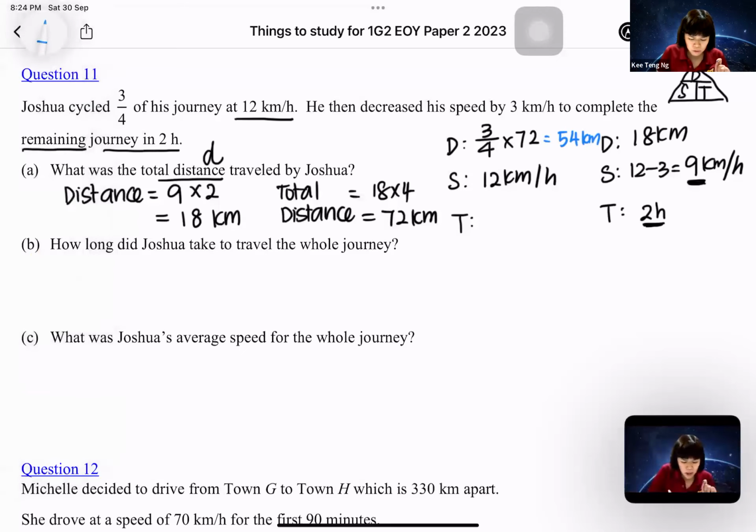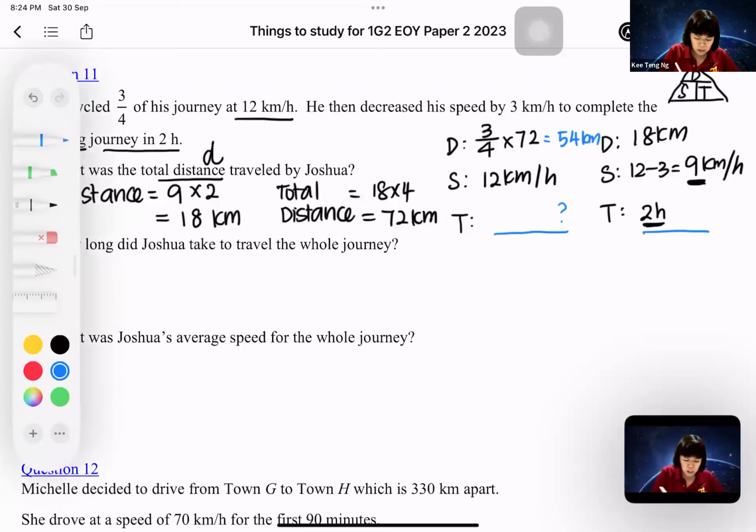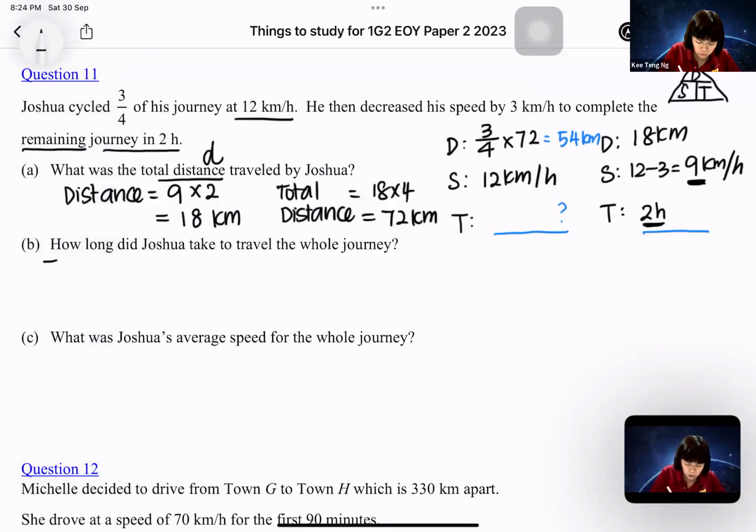Now, the question asks how long did it take to travel the whole journey. I got two components. So first, let me find the time taken for the first part of the journey. Time equals distance divided by speed. So the first part of the journey, yes, 54 divided by 12. Remember, it's in hours now, so I'll leave it as much as possible in fraction.